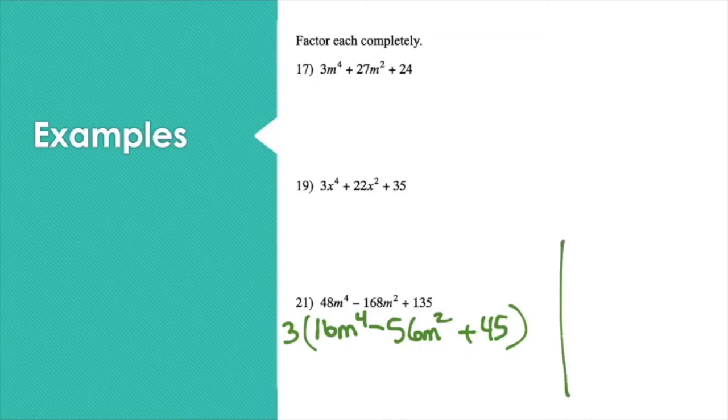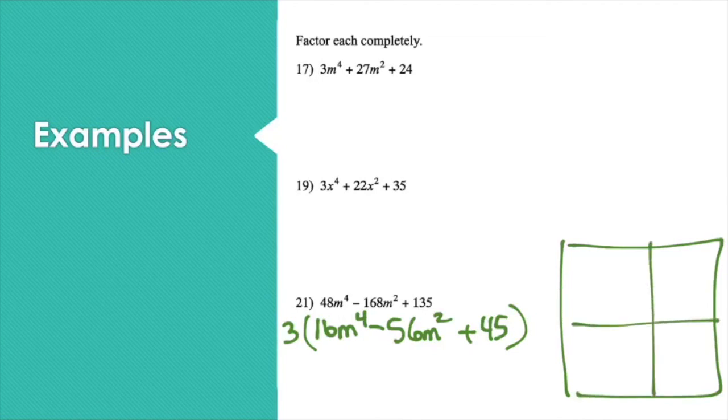I'm going to come over here and do 16m to the 4th. Let's see, I know I'm going to do m squared and m squared, so I can do 8 and 2, or I can do 4 and 4, or I can do 16 and 1. We're just going to have to pick one of them and test. And so, I don't know, I'm going to do the 4 and the 4 first. And I'm going to do 9 and 5, and so we're trying to get that 56.